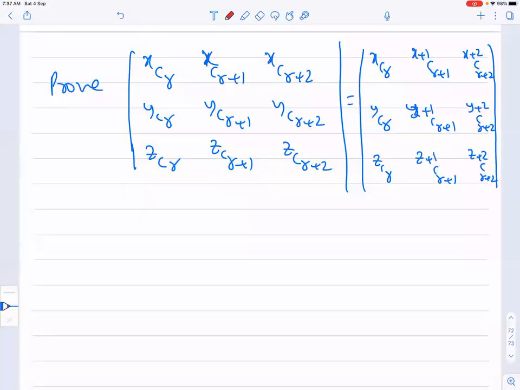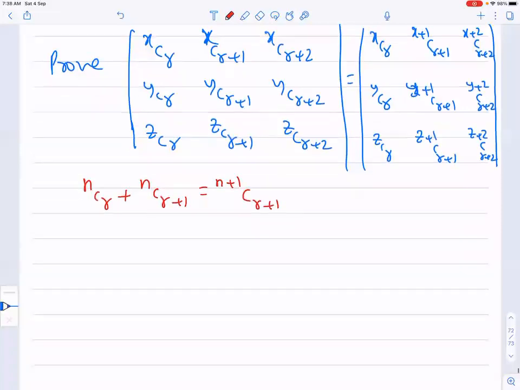Try this. So I will use the property NCR plus NCR plus 1 equals N plus 1 CR plus 1. If I apply this, how do I apply it?